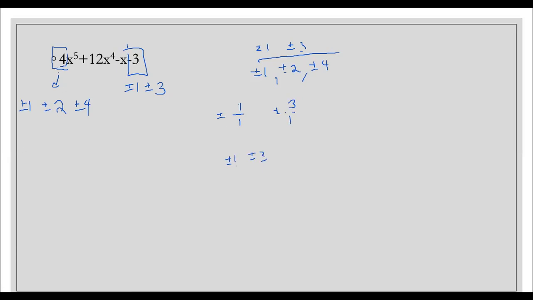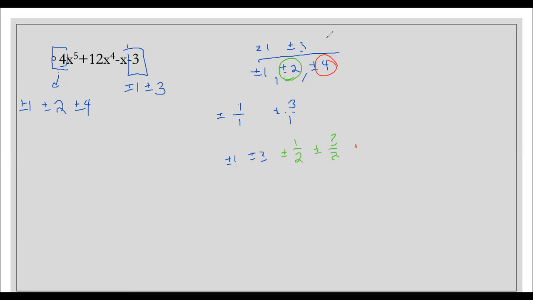And now I look at the next number of my denominator. We'll focus on 2. So we have plus or minus 1 over 2 and plus or minus 3 over 2. And then we take a look at 4.